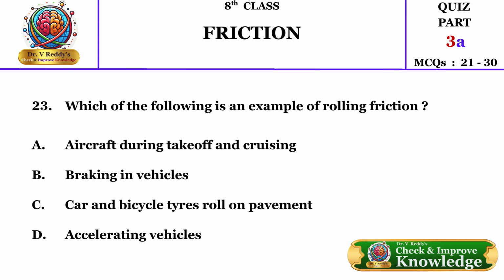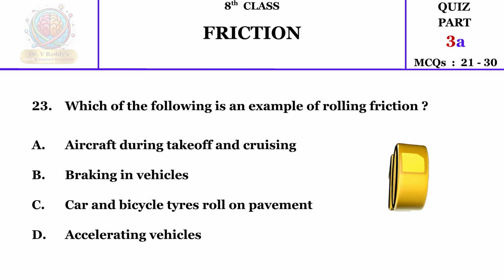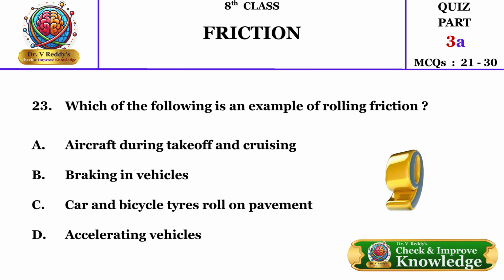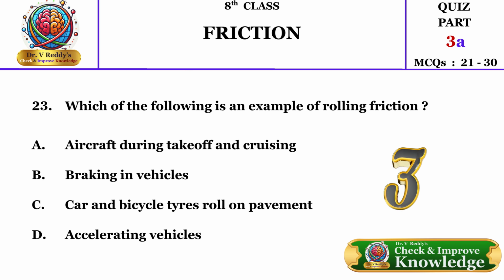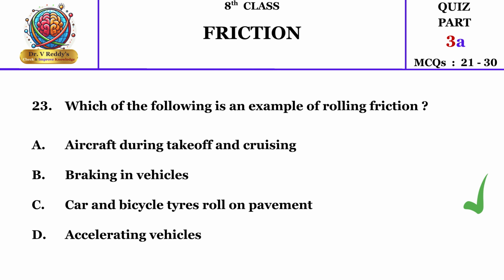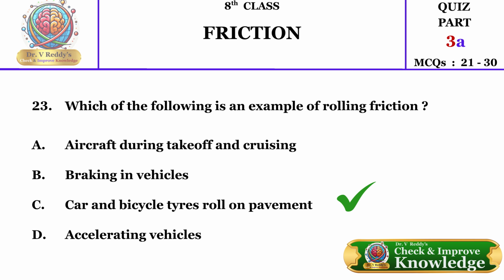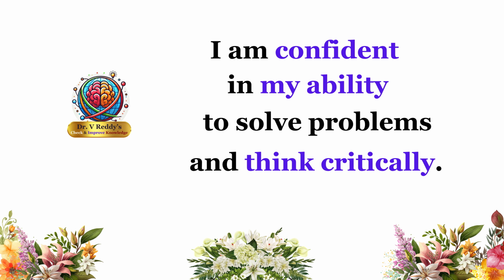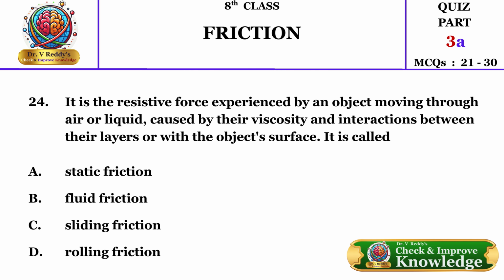23. Which of the following is an example of rolling friction? C. Car and bicycle tires roll on pavement. 24.